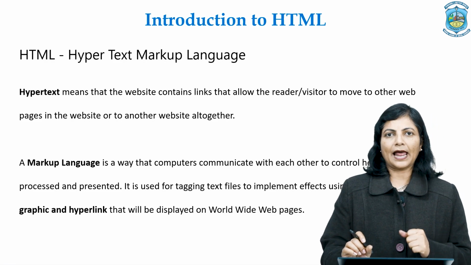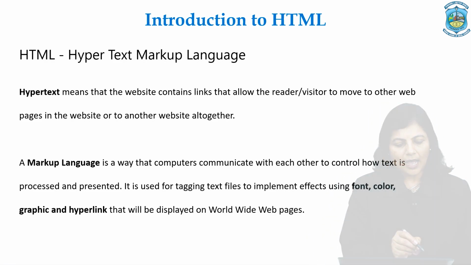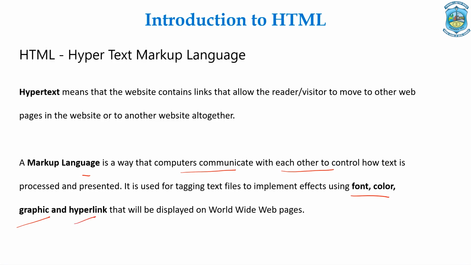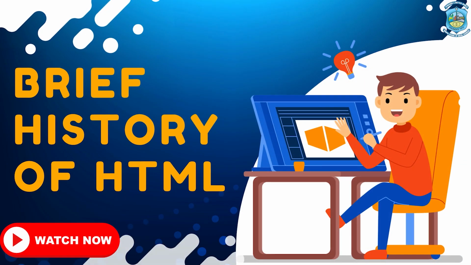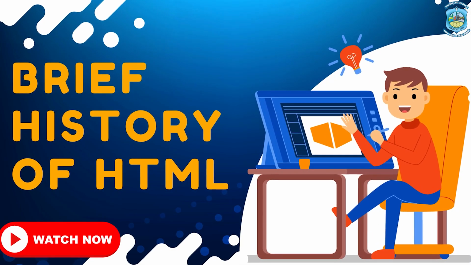And a markup language is a way to communicate with each other to control how text is processed and presented. It is used for tagging text files to implement effects like font, color, graphic, hyperlink that will be displayed in World Wide Web pages.